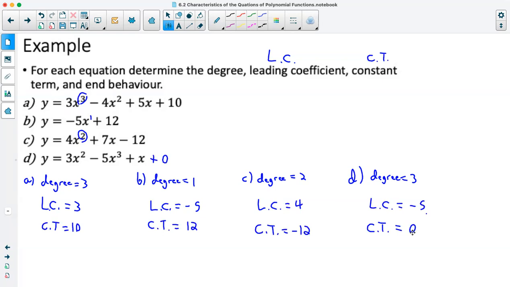Now our end behavior. So this is an odd degree cubic function. It has a positive leading coefficient. That means it's going to start in Q3 and end in Q1. Next one, we have a linear, so that's odd degree, and a negative coefficient, so that means it's going to start in Q2 and end in Q4.